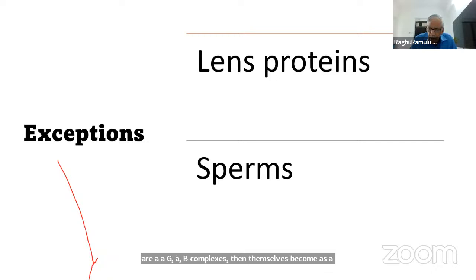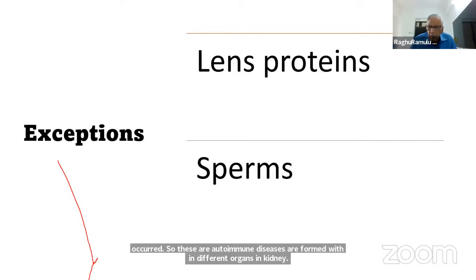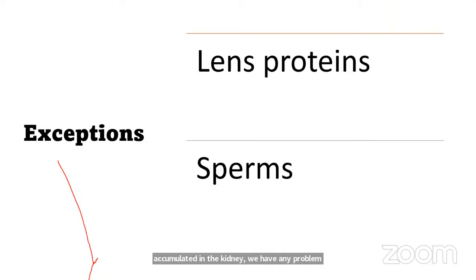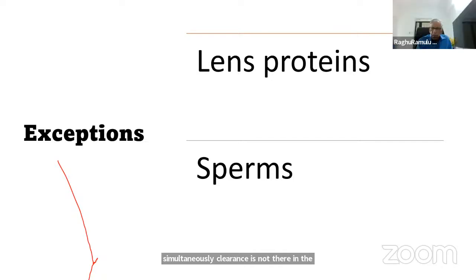These autoimmune disorders are found in different organs. In the kidney also we have autoimmune disorder, because whenever the kidney is not functioning properly, and antigen-antibody components have accumulated in the kidney, we have kidney problems. Simultaneously, clearance is not there in the synovial fluid area, which is the fluid in the knee joints.